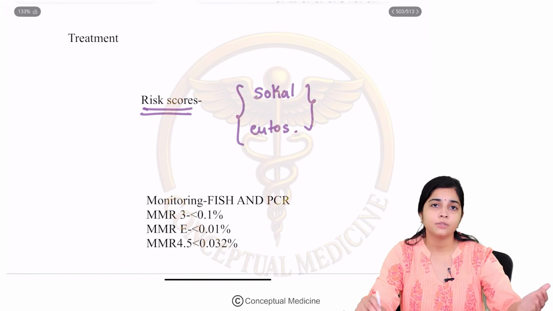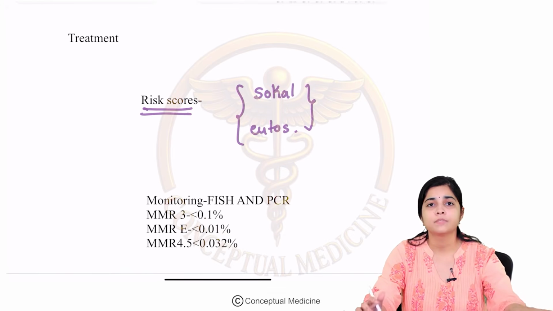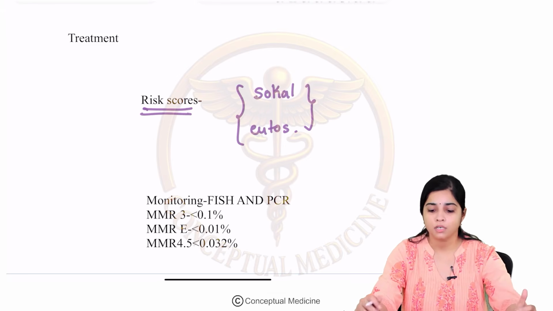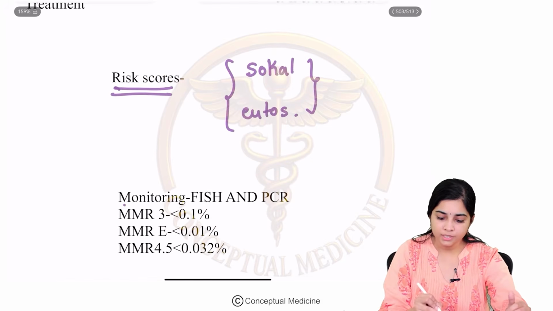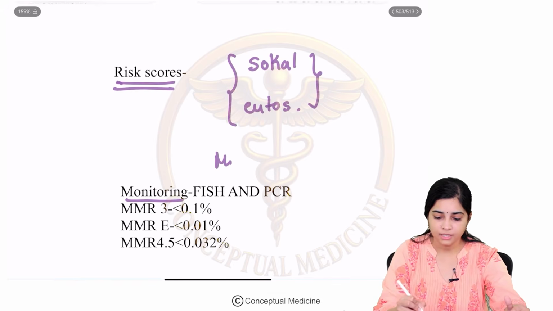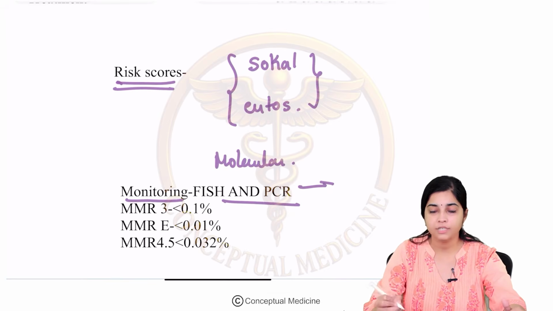Okay, so similar to how we had learnt in our chapter on ALL, even CML becomes a very easily manageable disease because of the development of FISH and PCR, and we again aim for molecular remission. So monitoring in a CML patient is brought about by molecular genetics, by FISH, fluorescent in situ hybridization, and PCR technique. What are we looking at?